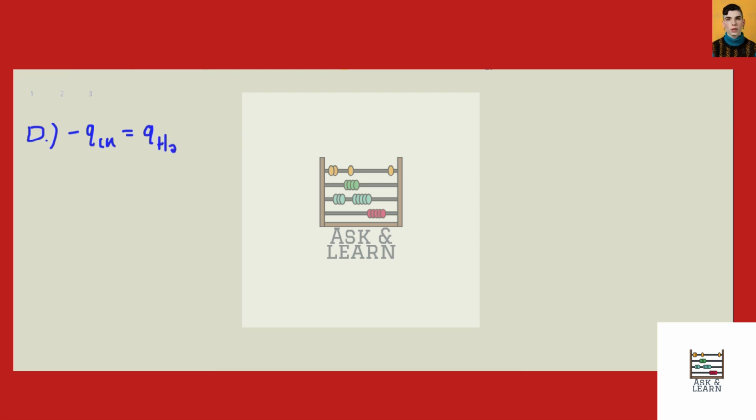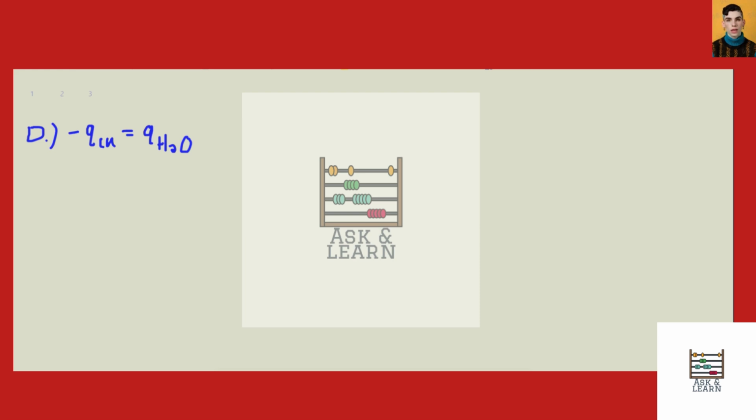This is assuming perfect heat transfer. So now we can solve for the new final temperature. We know T initial in this case is the same for both these samples.